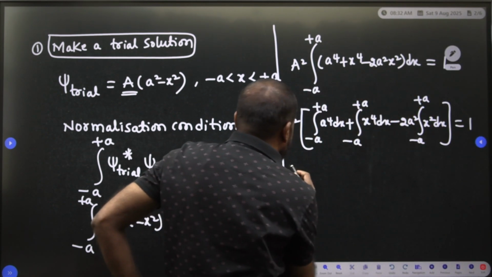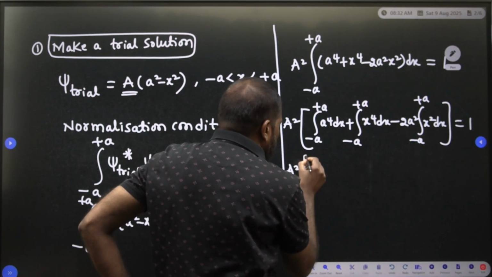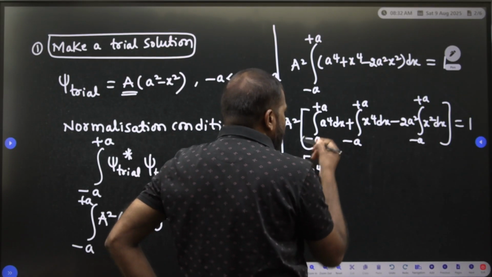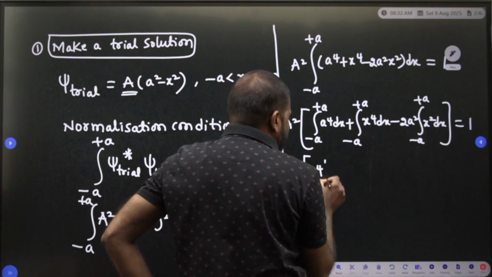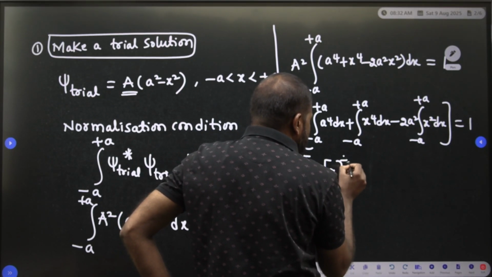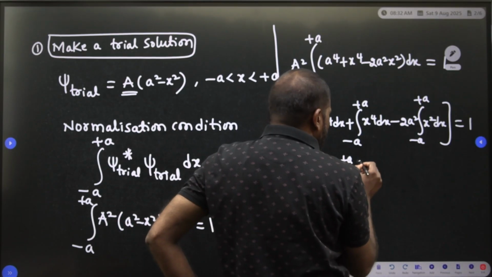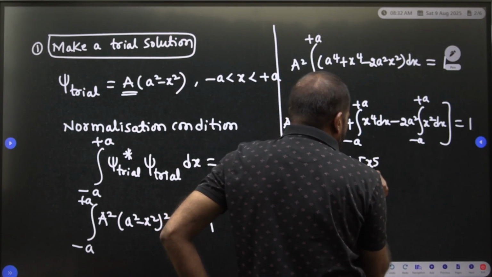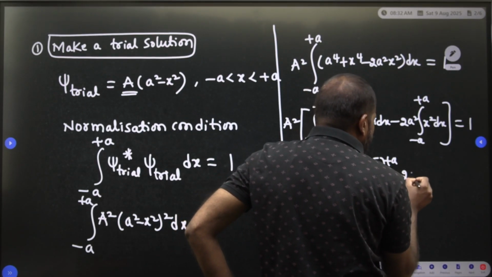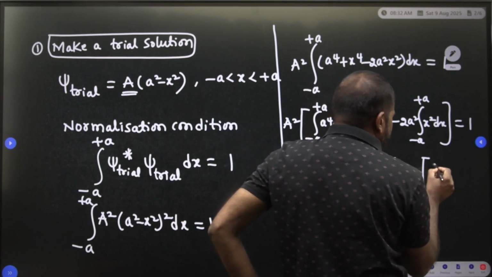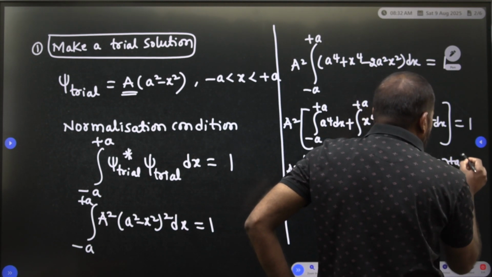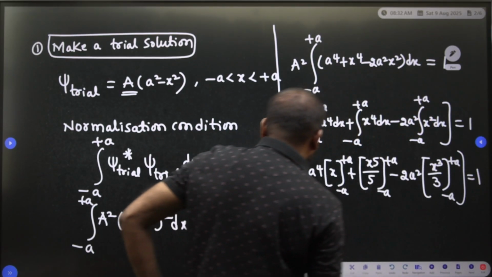We have to write it. So, A square into the integral; a to the power of 4 you take common outside. So, A square times [a to the power of 4 x, from minus a to plus a, plus x to the power of 5 by 5 from minus a to plus a, minus 2a square into x cube divided by 3 from minus a to plus a] is equal to 1.